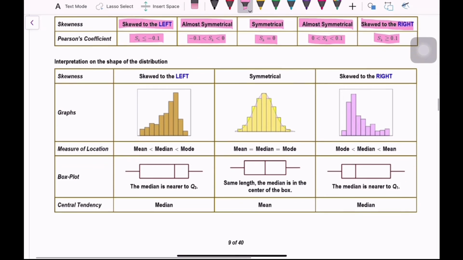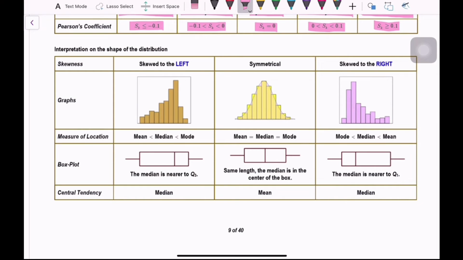Now, we discuss the skewness by using the measures of location, meaning the mean, mode, and median. As we know, the median is always the middle value. If mean is equal to mode and median, the data is symmetrical.